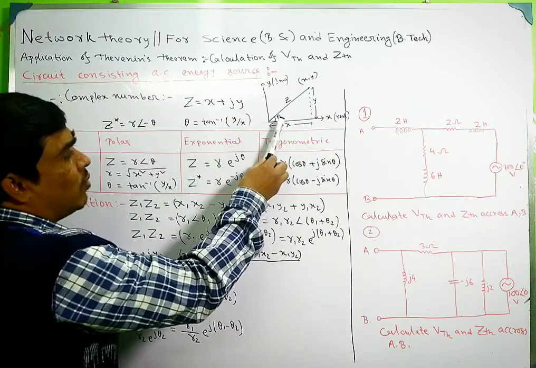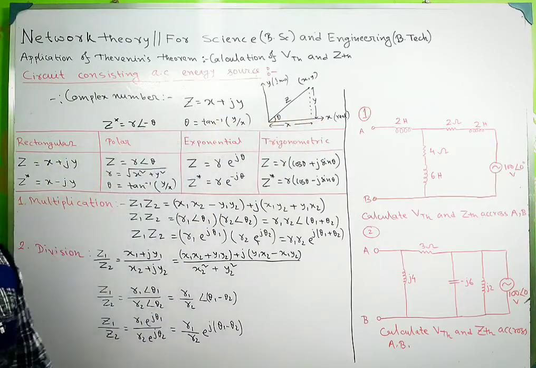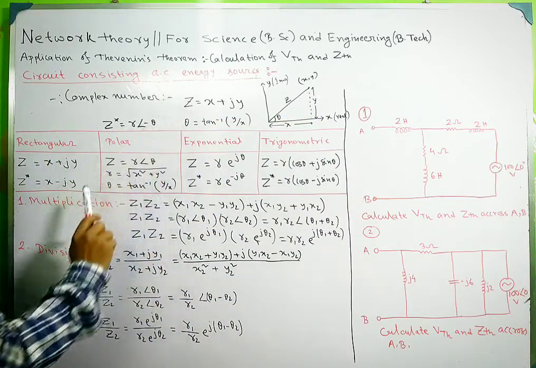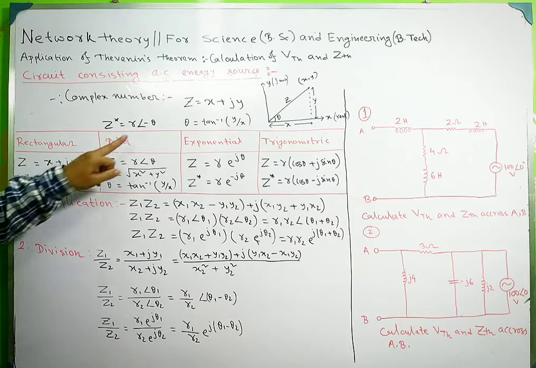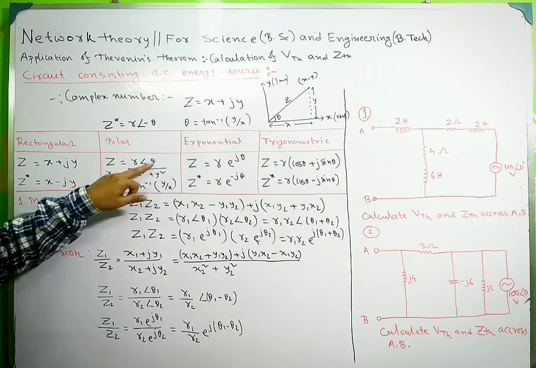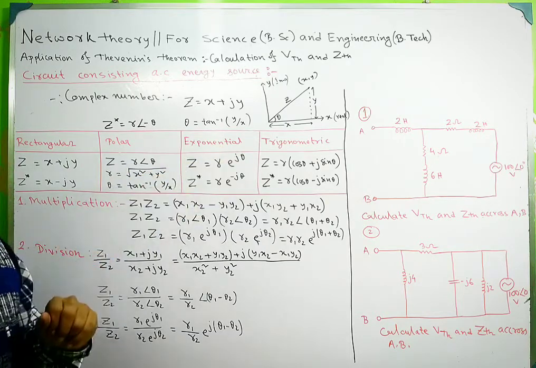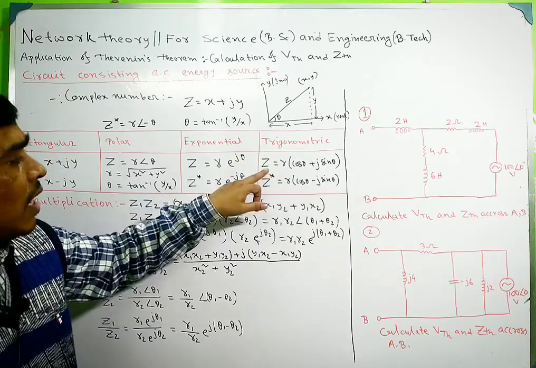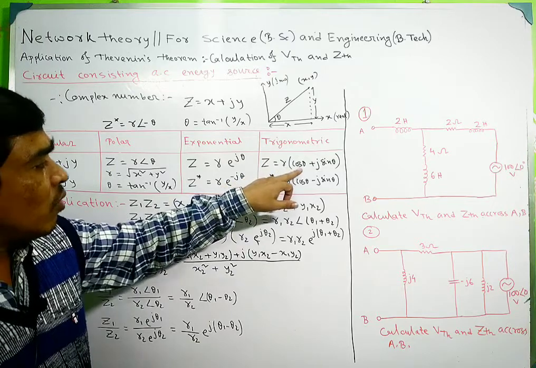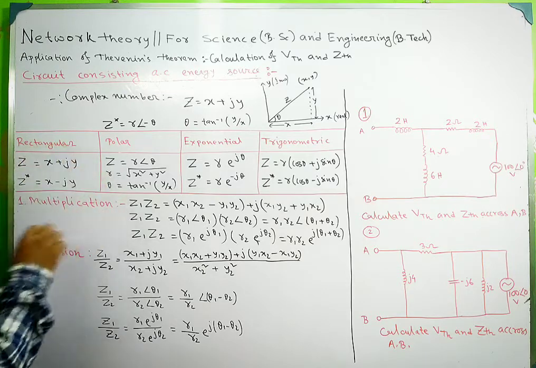This is the theta which makes an angle with the real axis, so it can be described in rectangular form: z equals x plus jy. In polar form it is z equals r angle theta, in exponential form z equals r e to the power j theta, and in trigonometric form it can be written as z equals r cos theta plus j sin theta.